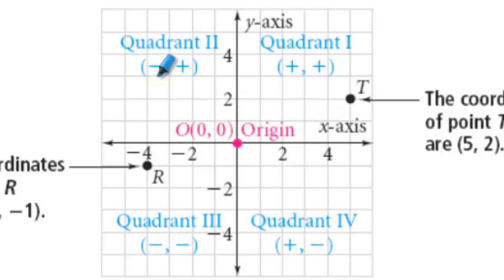If you have a point located in quadrant 2, the x value is negative because you'll have to go left to get there, and then the y value is positive because then you'll have to go up. Quadrant 3, both are negative, left and down, and quadrant 4, the x is positive, moving to the right, but the y is negative, going down.